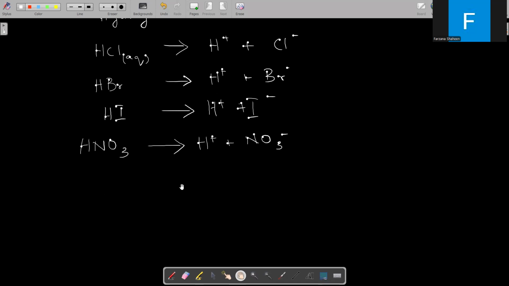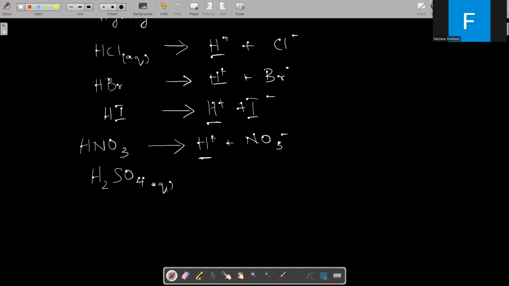So now acids behave in a certain way. What makes it an acid? It's because of these hydrogen ions. These hydrogen ions are an active ingredient of an acid. Let me show you another famous acid, sulfuric acid, H2SO4.